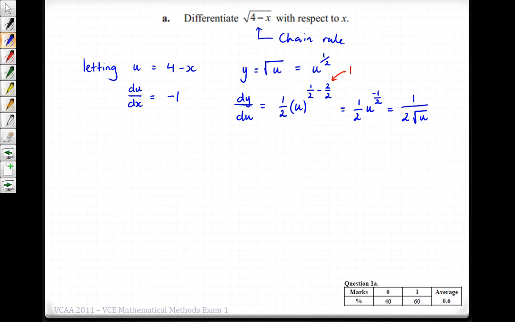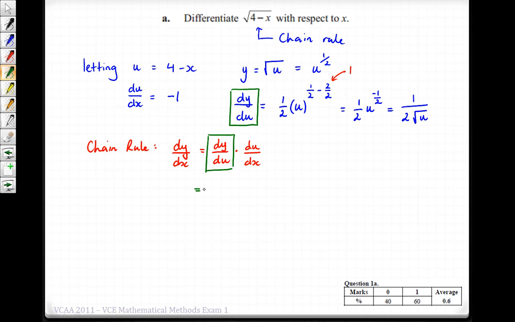So now we've got du/dx and dy/du, we can use the chain rule, which states that dy/dx is going to be given by dy/du times du/dx. So in green, we need to find dy/du, which we did right here.